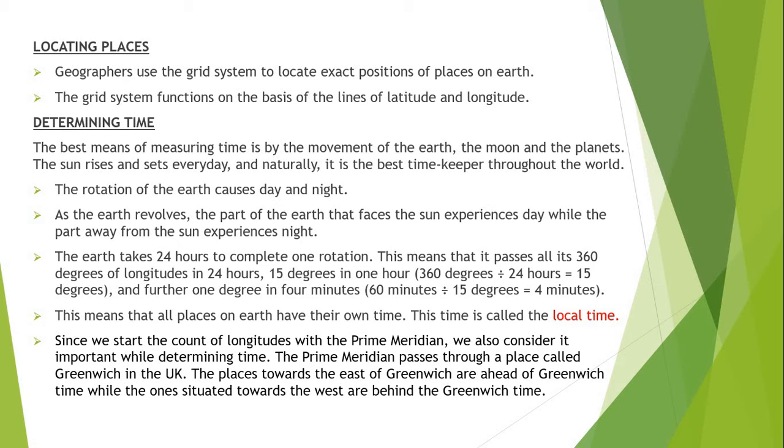The earth takes 24 hours to complete one rotation. This means that it passes all its 360 degrees of longitude in 24 hours. In 1 hour, it passes through 15 degrees. That is 360 degrees divided by 24 hours, which equals 15 degrees.